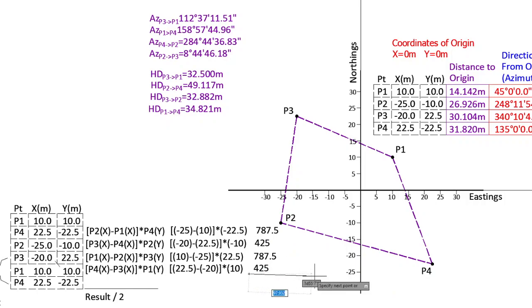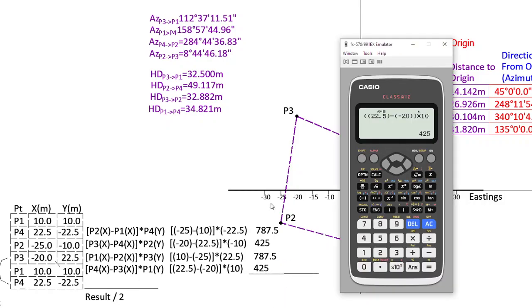Then I add up all those results, all those numbers. And then I have 787.5 plus 425 plus 787.5 plus 425. This is my result, 2425.